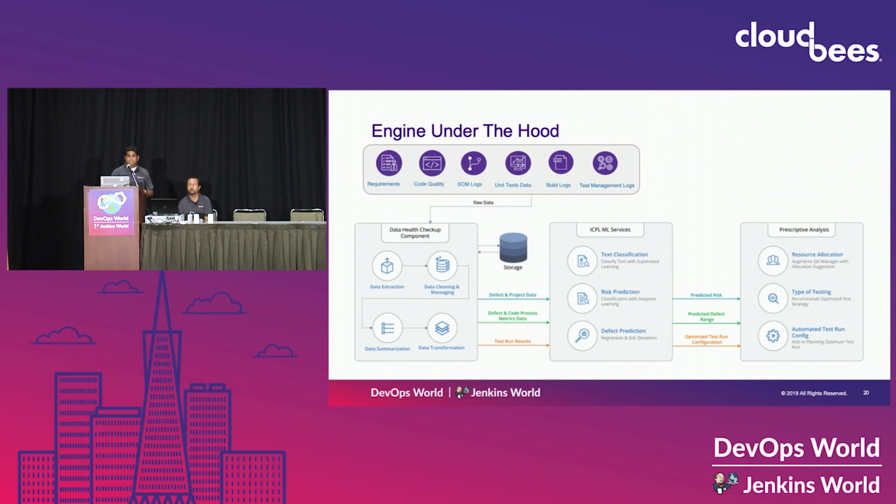So that's one part. The second thing is component. If you don't know the component, how are you going to deduce which component these particular logs relate to? That is where we are using text classification. We are doing simple text analysis, trying to understand the repeating words and where this particular component matches.